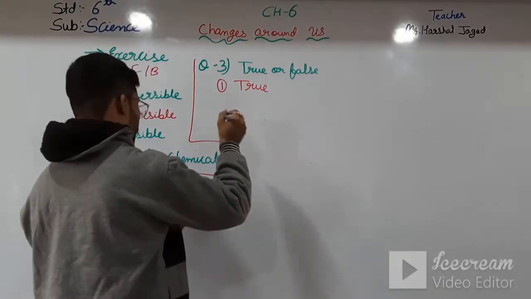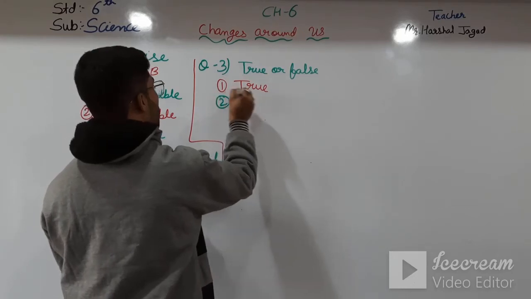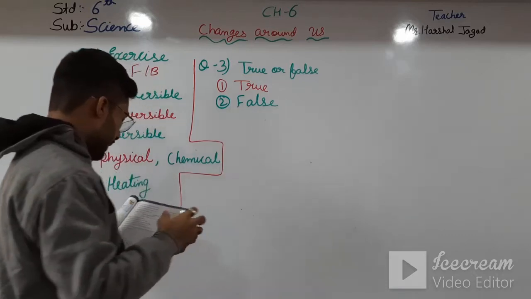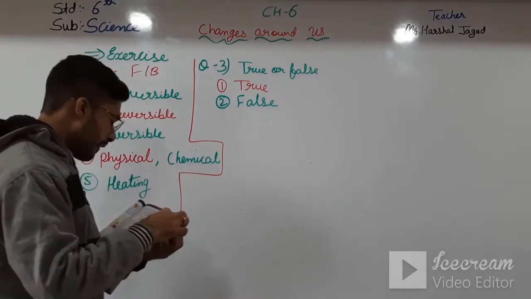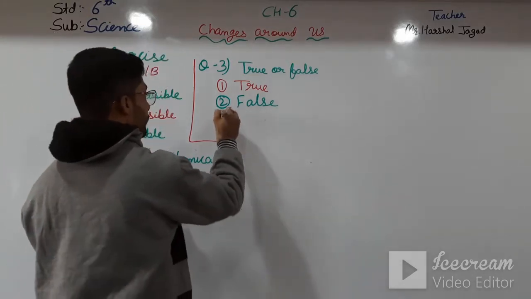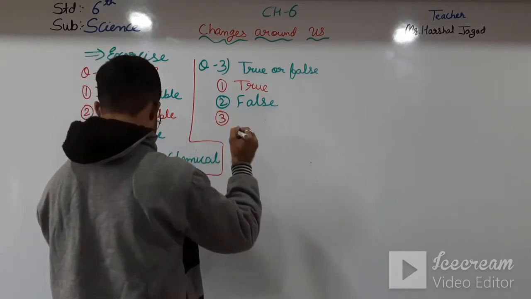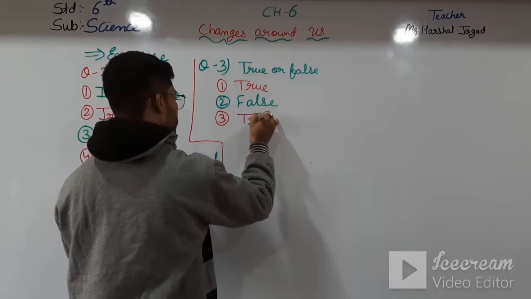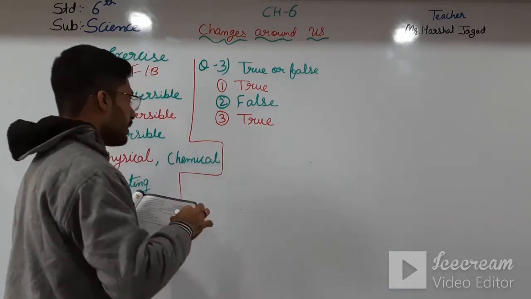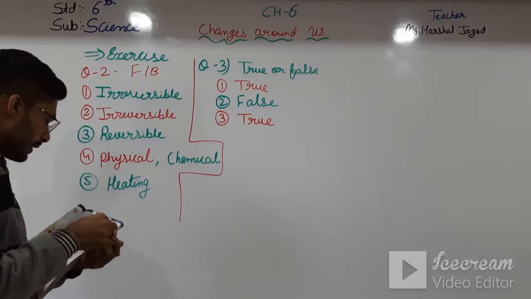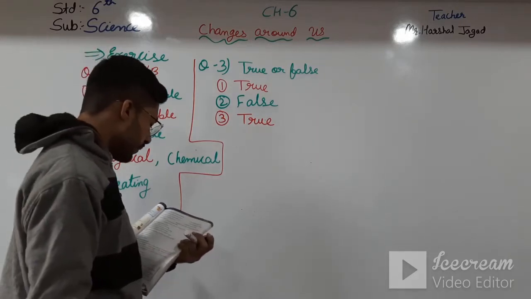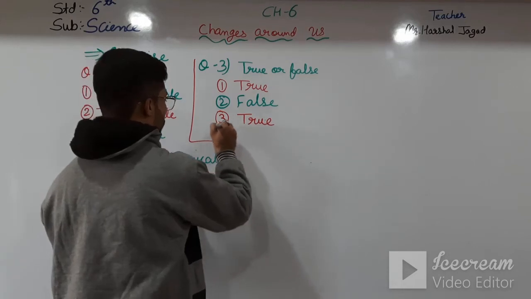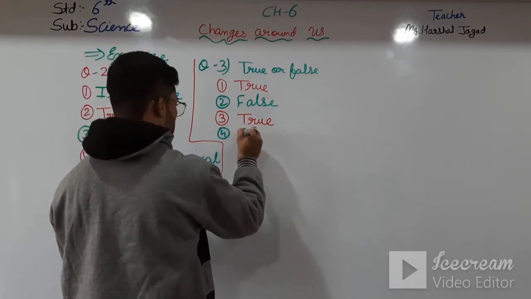No, that is false. Third one: burning of candle wax is a chemical change. Yes, that is true. Fourth one: expansion in liquids is much more as compared to gas. That is false.